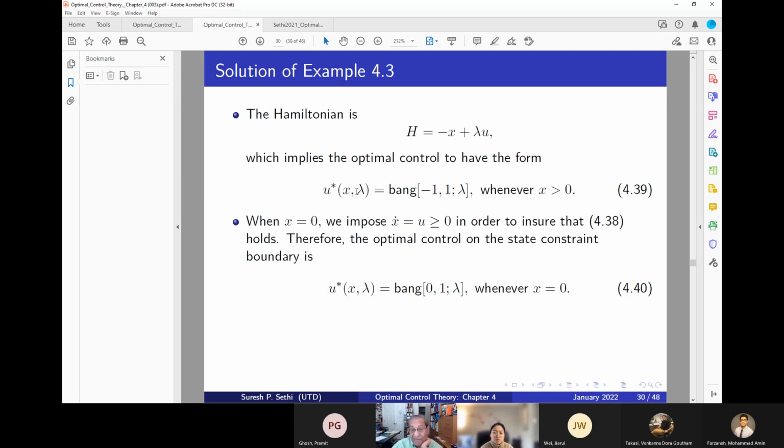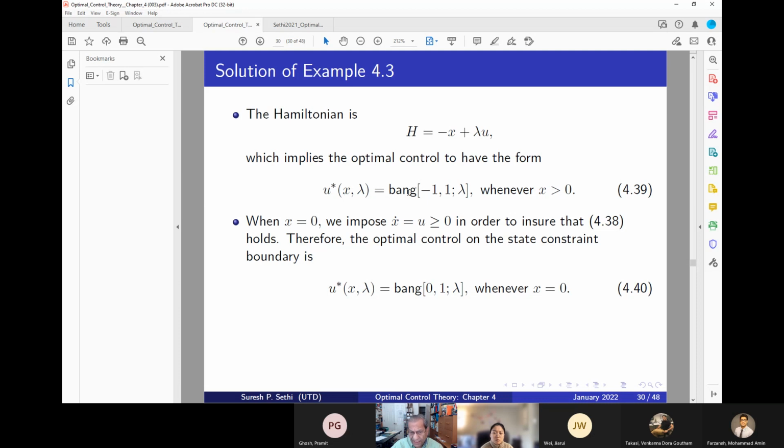I'm using that as a feedback form. Some people would say that you should use maybe u star hat or something because it's not the same function. But that's just too much notation, and I think most people who look at it would automatically figure out what we mean. So I don't change the notation.